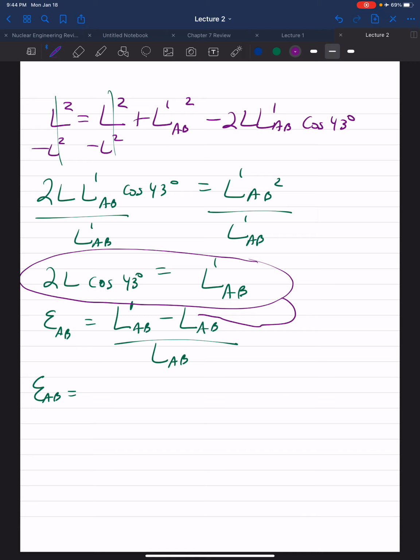Since initially it was a square, and for a square, if every side is the same, the diagonal is a times the square root of 2. In this case, we had L by L, so L AB is L times the square root of 2. Substituting both of those into my normal strain equation.